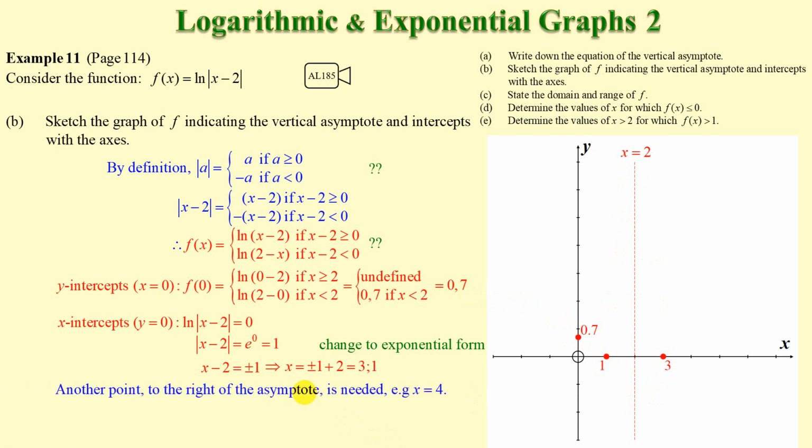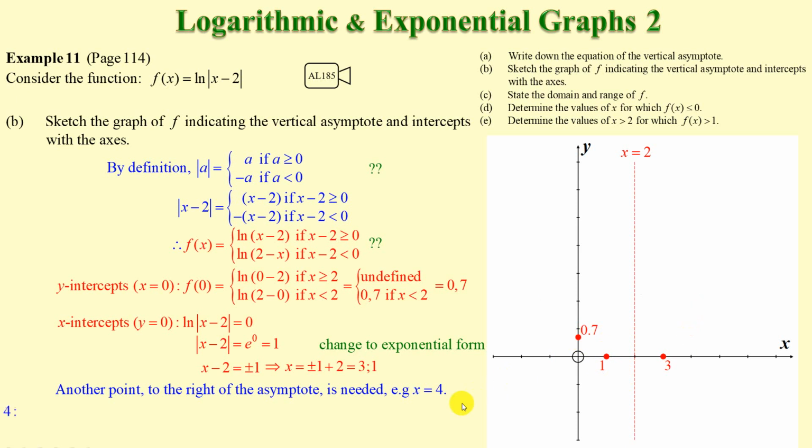We do need another point because that's not enough. If you see here, we have enough to guide us here because we have a point there, and then an asymptote. So we know it's going to be going approximately, it's going to be going down like this to the asymptote. On the other side, it is going to match, of course, so we could just use symmetry and say, well, go that same distance this way, and we can get a point there.